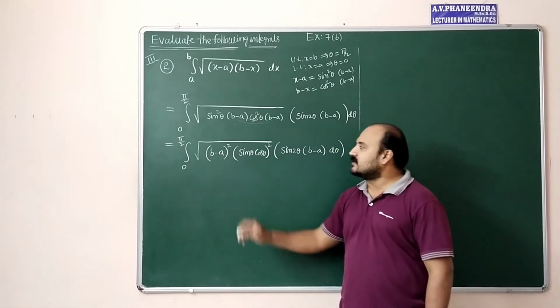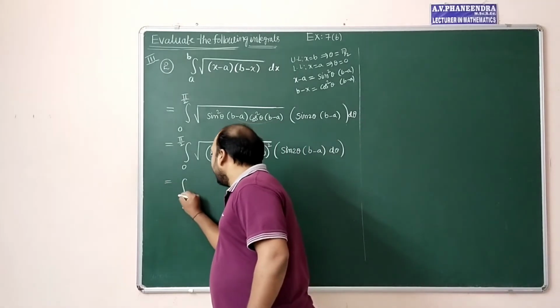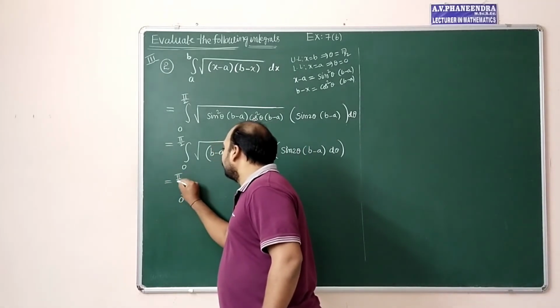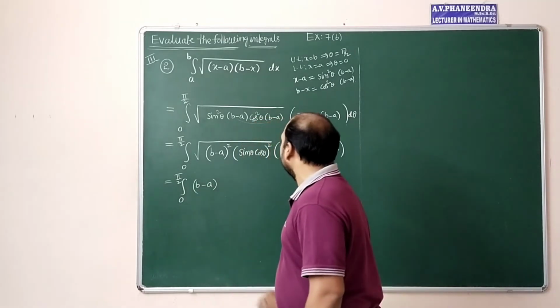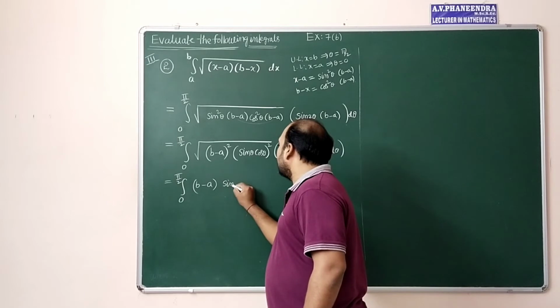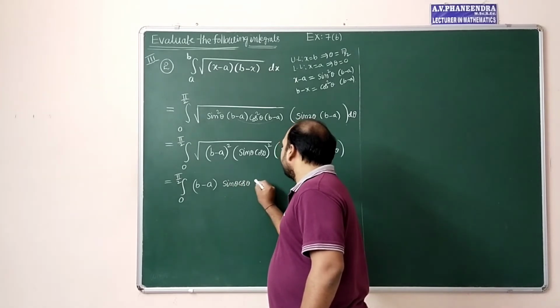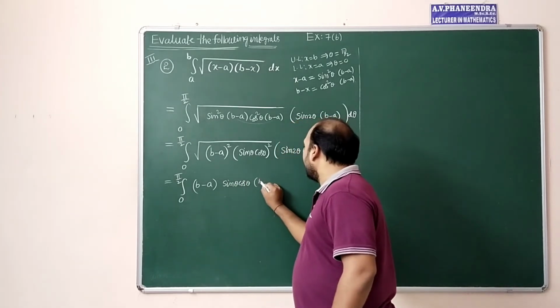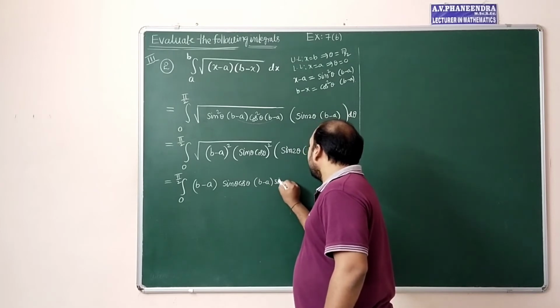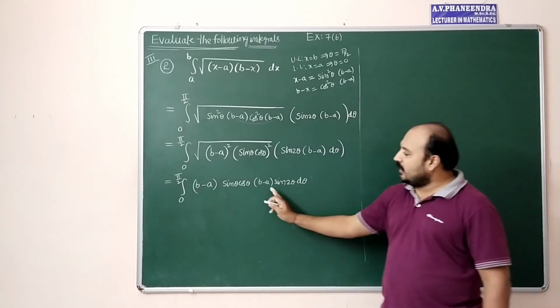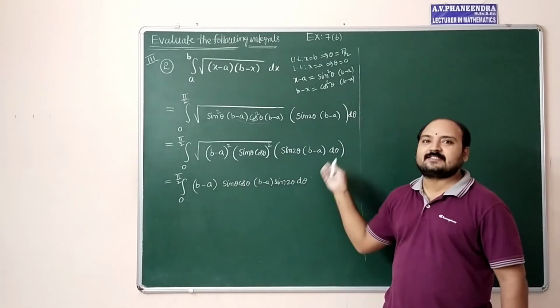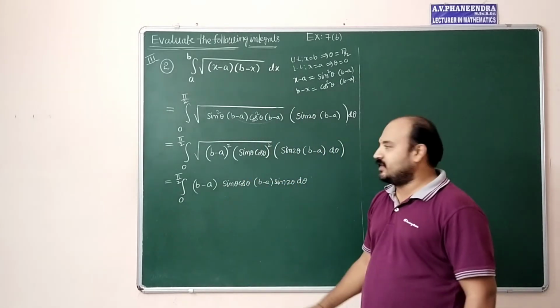Here b minus a is there. Integral 0 to π by 2, (b minus a) into sin θ cos θ. Again here (b minus a) sin 2θ dθ. So (b minus a) into (b minus a) whole square, constant you can take outside.